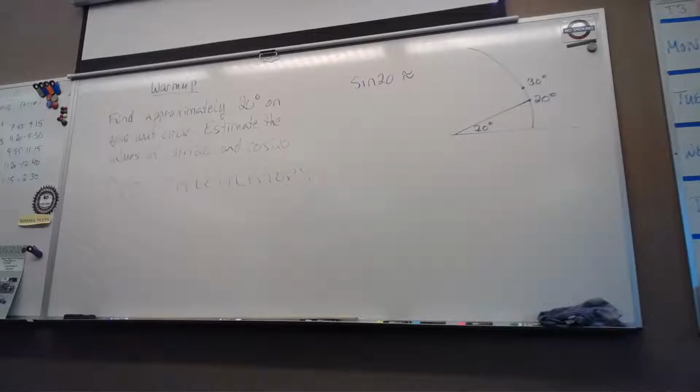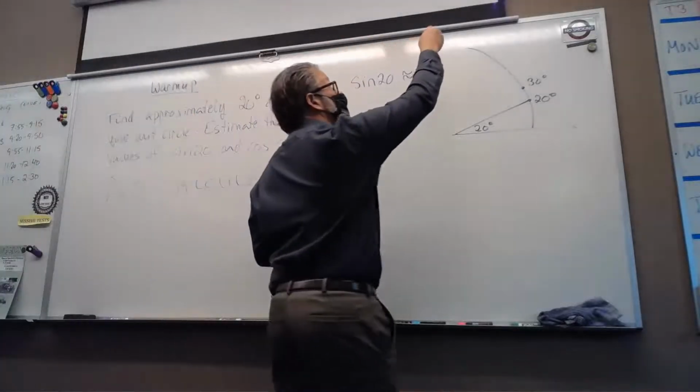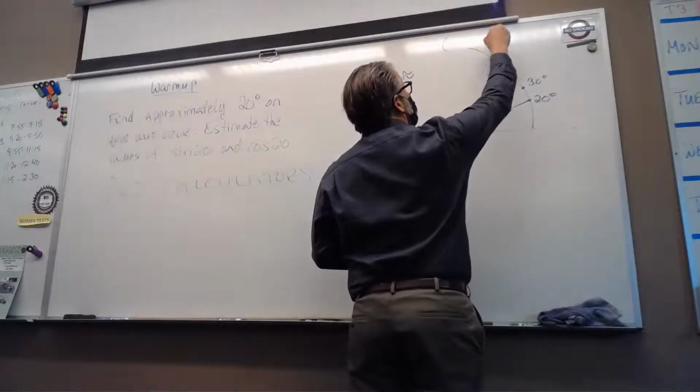What does it say in your unit circle? Where do I find the sine of an angle? Do you see a parentheses with sine and cosine on your unit circle there?